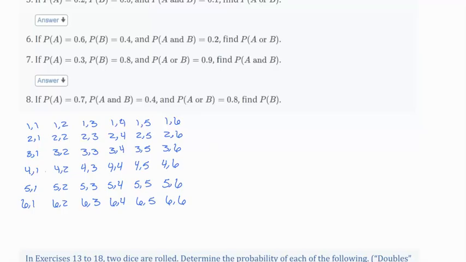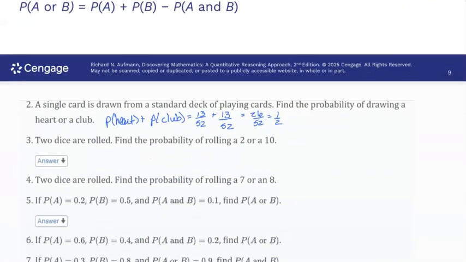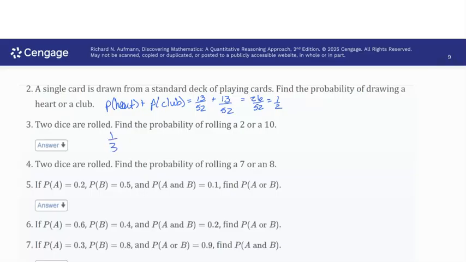We want to know the probability of rolling a 2 or a 10. So a sum of 2, there's only one way that can happen. And then a sum of 10, there's 3 ways that can happen. So it's going to be 1 out of 36 plus 3 out of 36, which is 4 out of 36. And that's going to reduce to 1 out of 9.